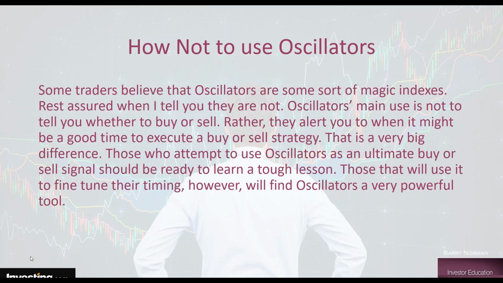Now, some traders believe that oscillators are some sort of magic index. Rest assured, they are not. Oscillators' main use is not to tell you whether to buy or sell. And this is a huge misconception in the marketplace.